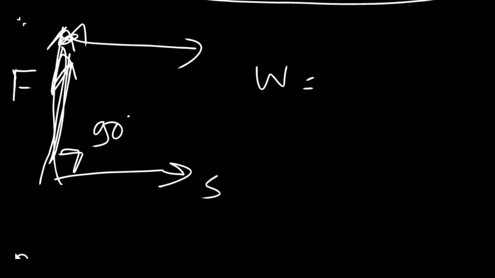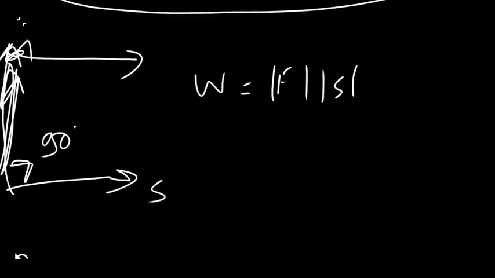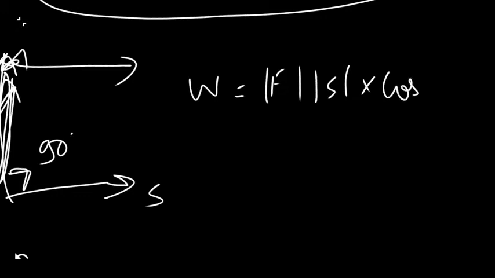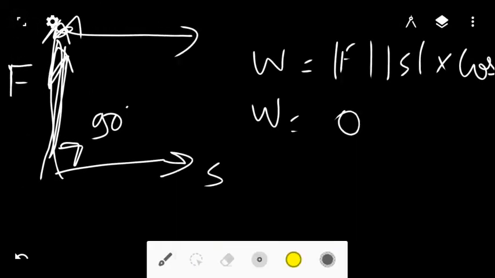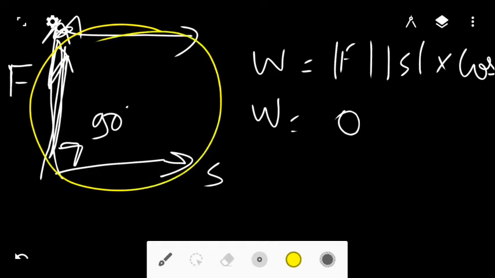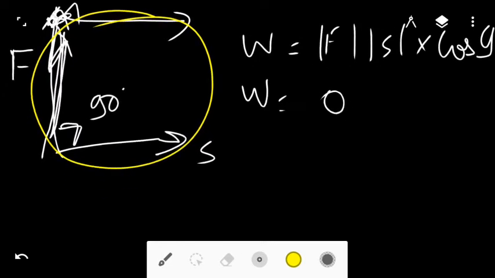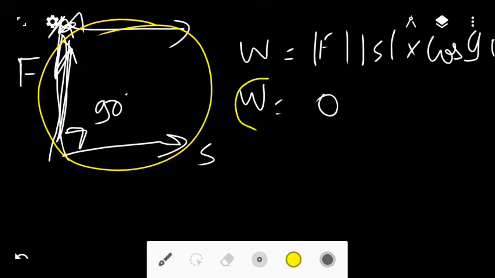So the dot product will be f into s into cos 90. What is cos 90? It's 0. So the work done comes out as 0. Hence it has been proved that if we carry an object and move perpendicularly to it, we are not doing any work.